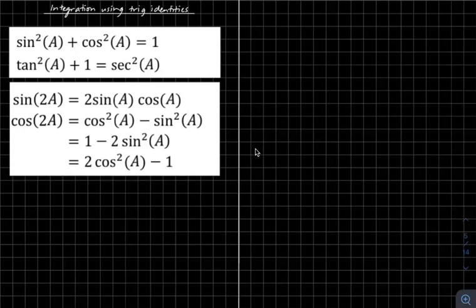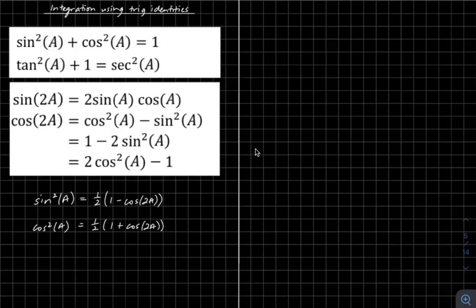So from that, if we rearranged that last one, if I said that cos 2a is equal to 1 minus 2 sine squared a, then with a little bit of rearrangement, I could say that sine squared a can be written as a half of 1 minus cos 2a, and likewise cos squared a, from that very last line, we could rearrange our identity to say that cos squared a can be written as a half of 1 plus cos 2a.